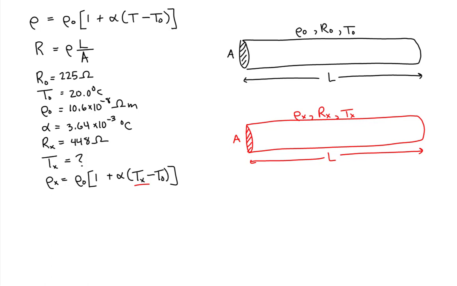So to find the temperature of the furnace, since we know the resistance of our thermometer when it's in the furnace, let's use the relationship between resistance and resistivity.